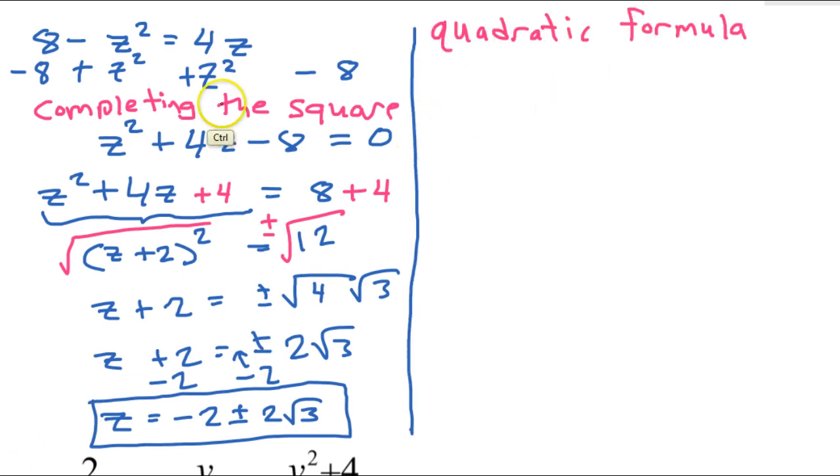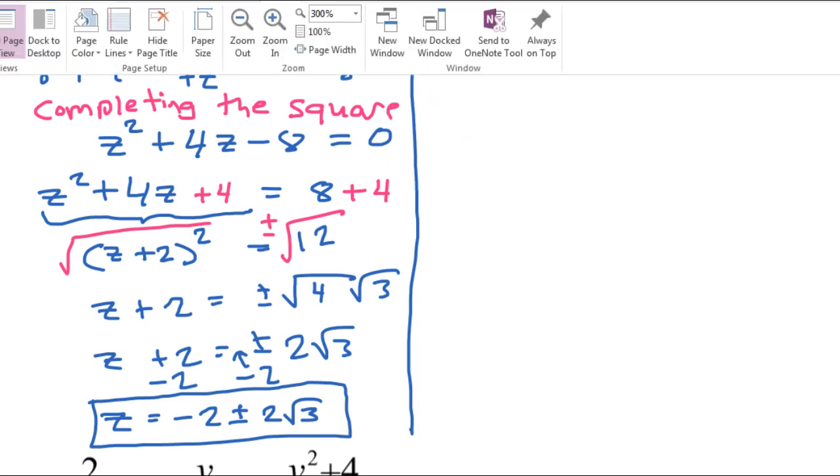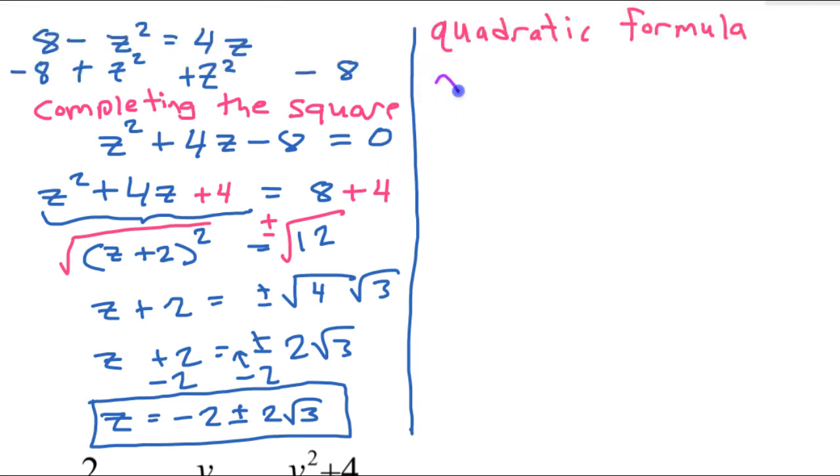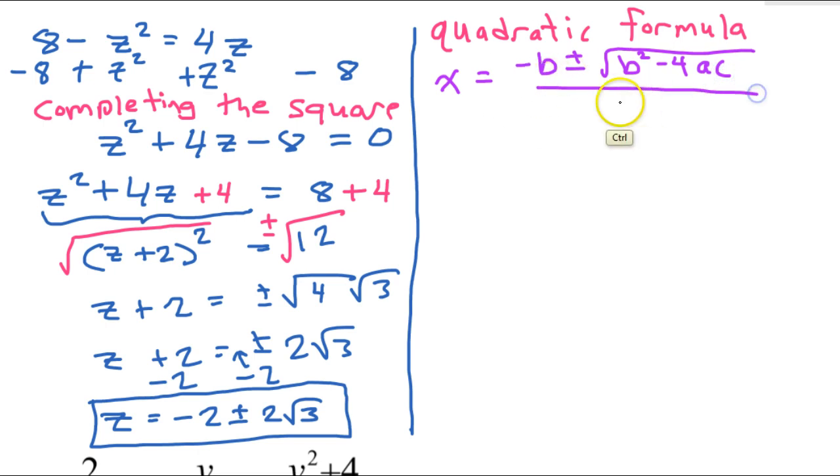Now I'm going to go back and do the same thing again using the quadratic formula. The quadratic formula says when you have a quadratic equation like this one, x is equal to the opposite of b plus or minus the square root of b squared minus 4ac all over 2a.